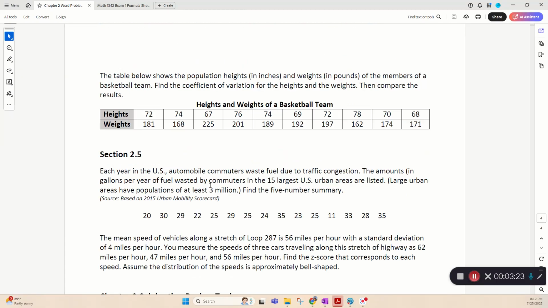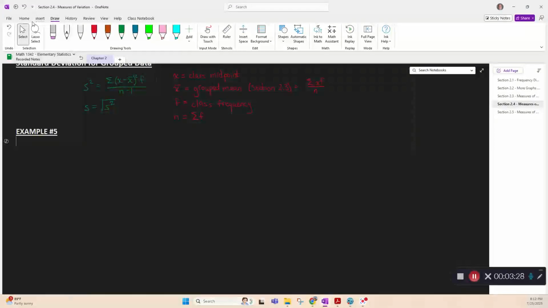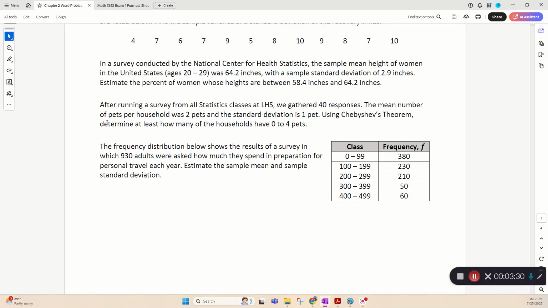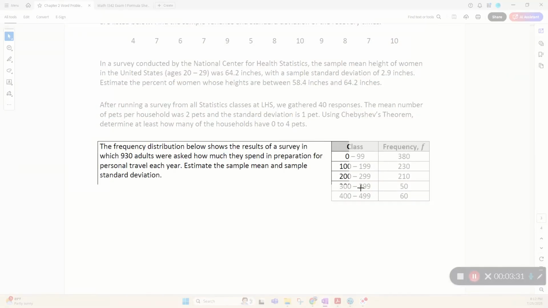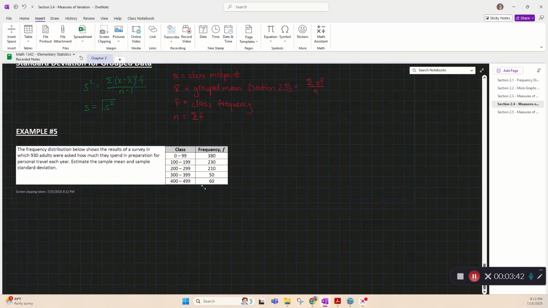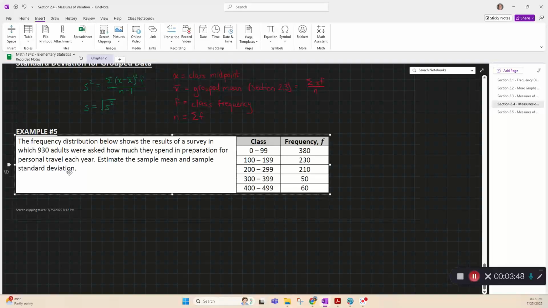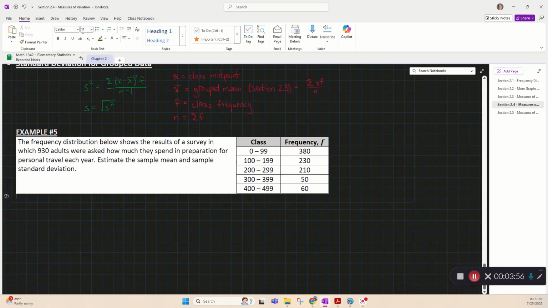Okay. That's what we want. Right there. Insert screen clip. Okay, so just like with the others, our first step is we need to get the mean.